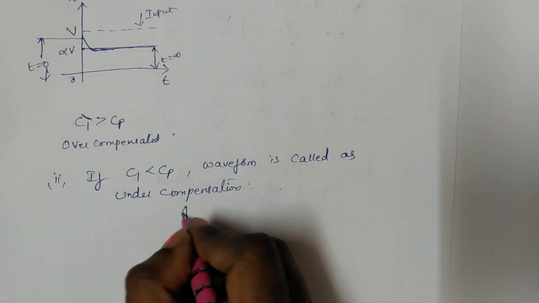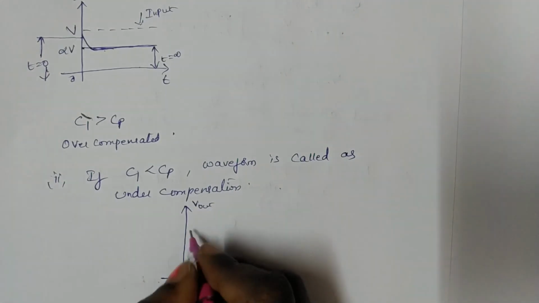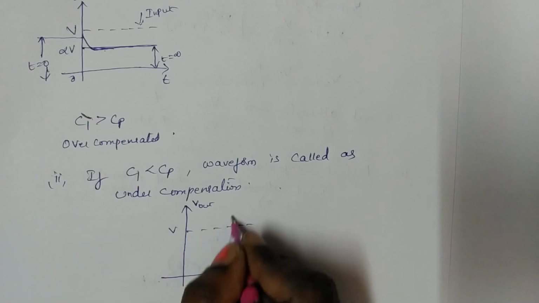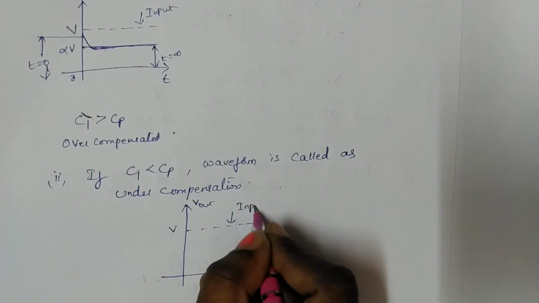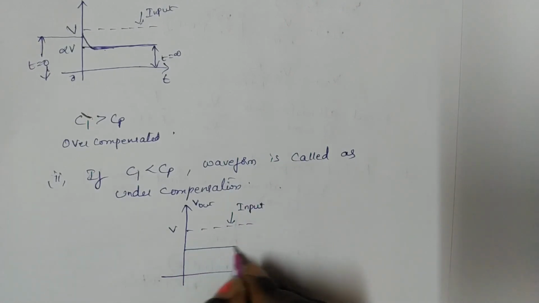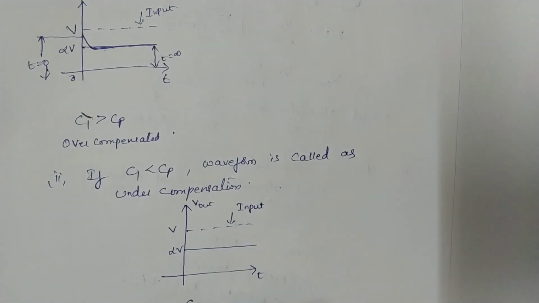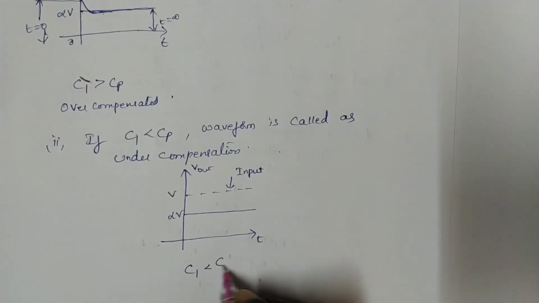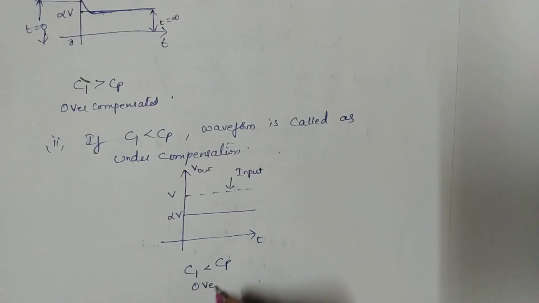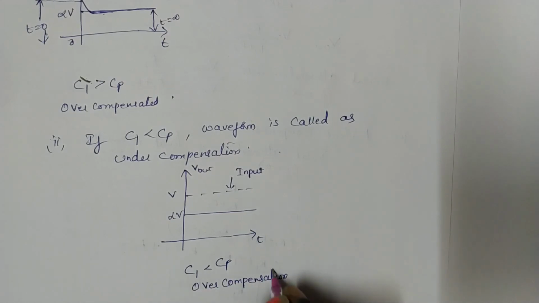This is the time period, this is the output V, this is the actual input that has to be applied, and this is the actual output alpha into V. But when C1 is less than Cp, it is represented like this.